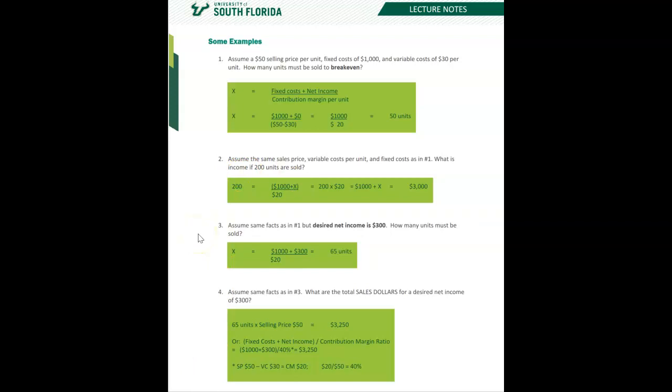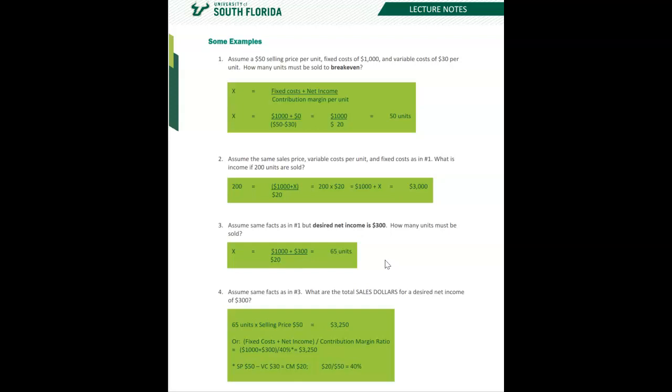So instead of break-even units, we can set this equal to our 200 units. So that would be 1,000 of fixed cost plus target income divided by our contribution margin of 20, which would give us $3,000. So that's what our income would be if 200 units were sold, and you could prove that too if you wanted to.